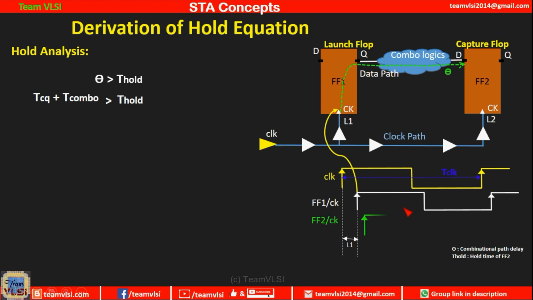Similarly, if flip flop 2 has a latency of L2, then after L2 time this edge will arrive at the CK pin of flip flop 2, right? So L2 is the latency of flip flop 2. And what we saw in the setup analysis is that the data launched by this clock will be captured by the next rising edge.